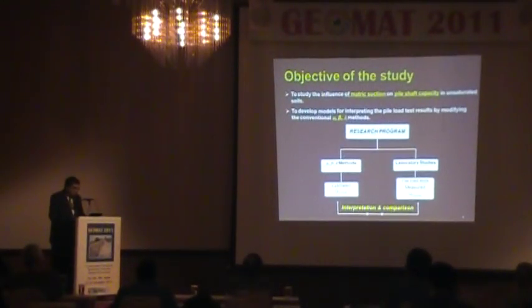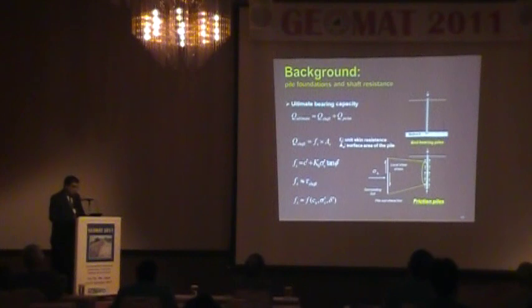So with this as the key objective, a research program has been identified, and these methods, the alpha and beta methods in the design of pile foundations, are even known to undergraduate students. We try to use these methods and extend them for unsaturated soils to estimate the shaft bearing capacity of single piles, and some laboratory studies were undertaken, and we have interpreted them and provided the comparisons.